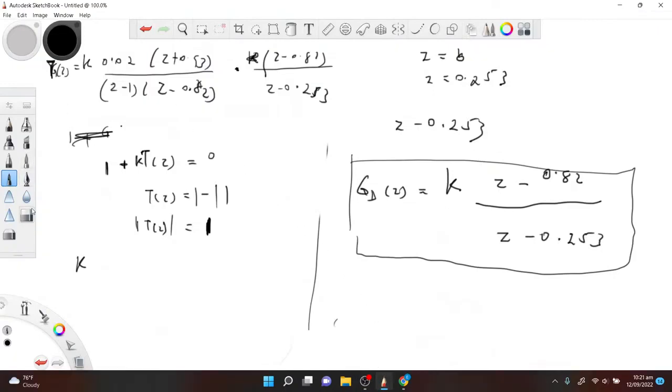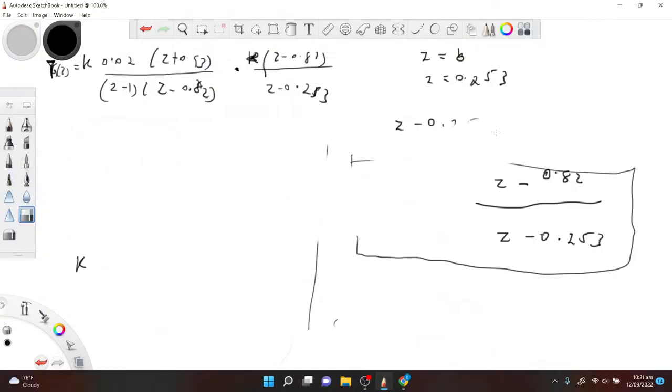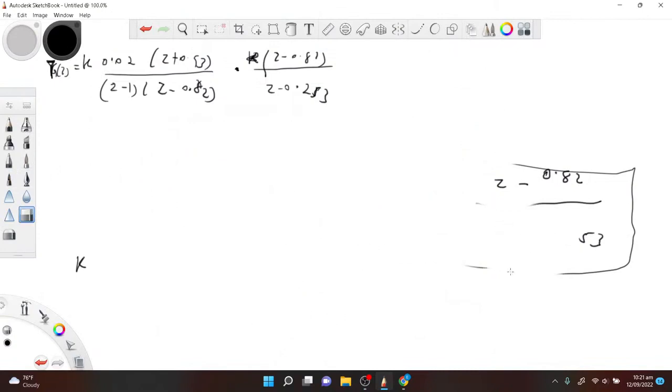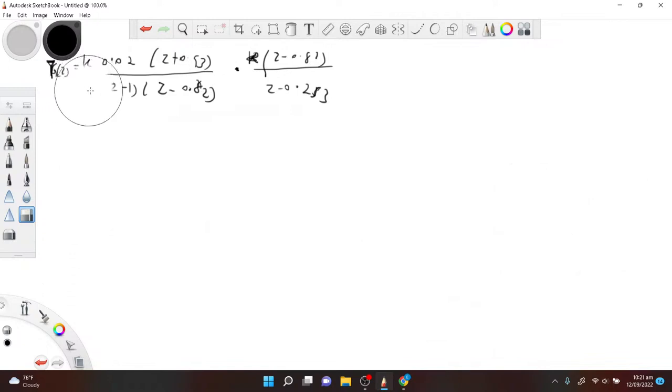So let's move on. Let me explain the side. We want to find the value of this K, right?